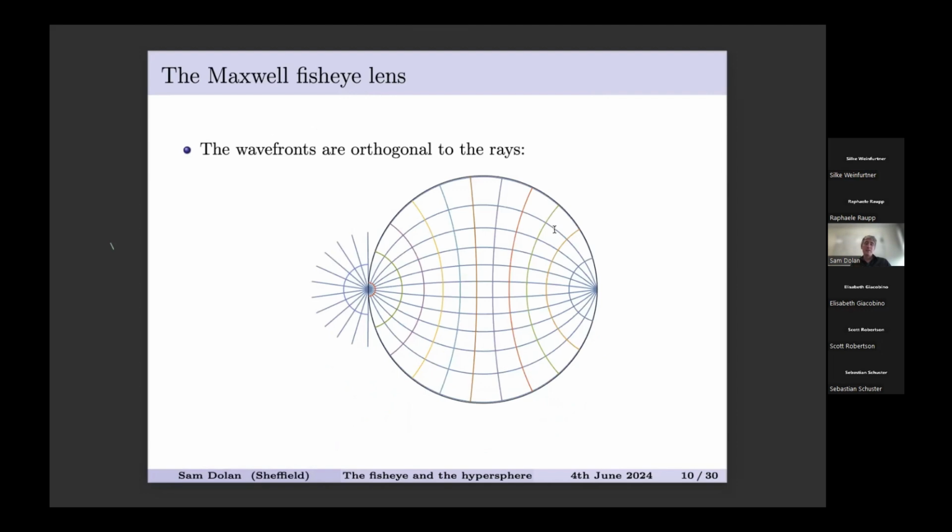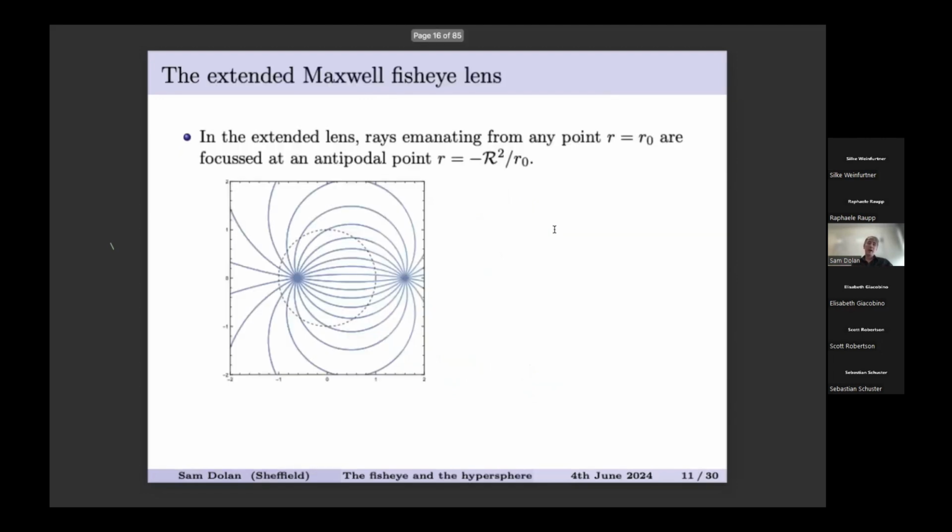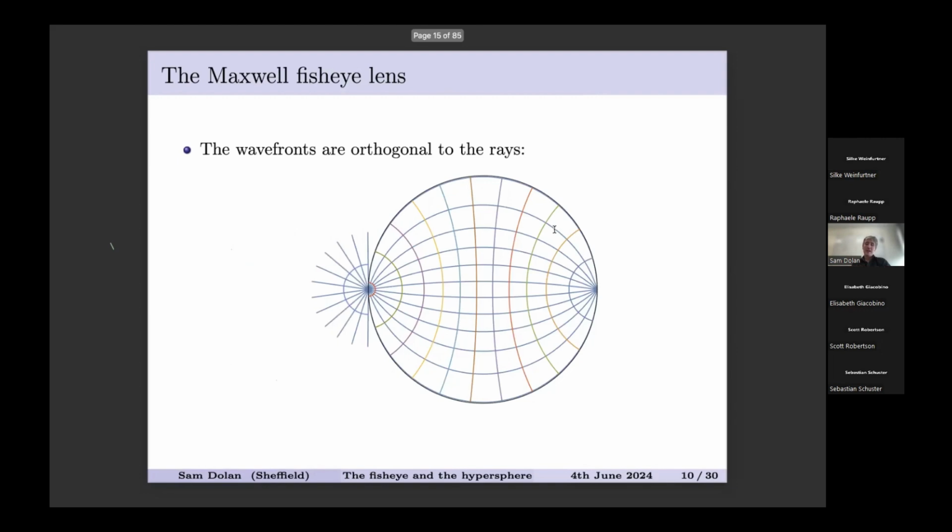We can think about wave fronts. The wave fronts here would be orthogonal to the rays, and they would look like the colored lines here. So initially circles around the point, and then becoming straight lines, and then back to circles again inside the lens. And we can also think about an extended version of this lens, where instead of the lens covering just a circle, it now covers the whole of space.